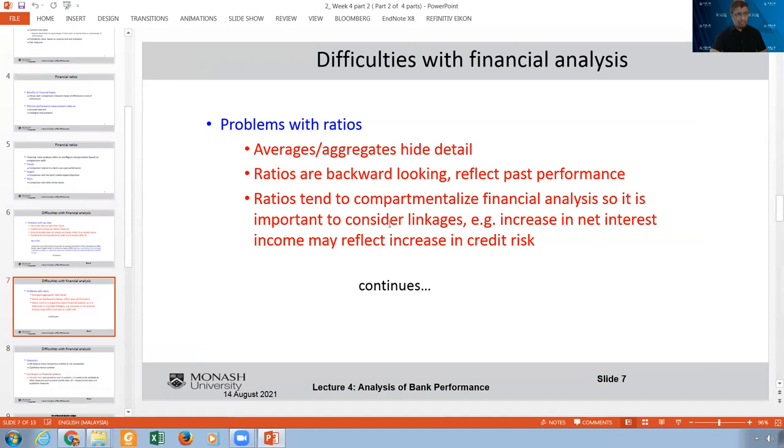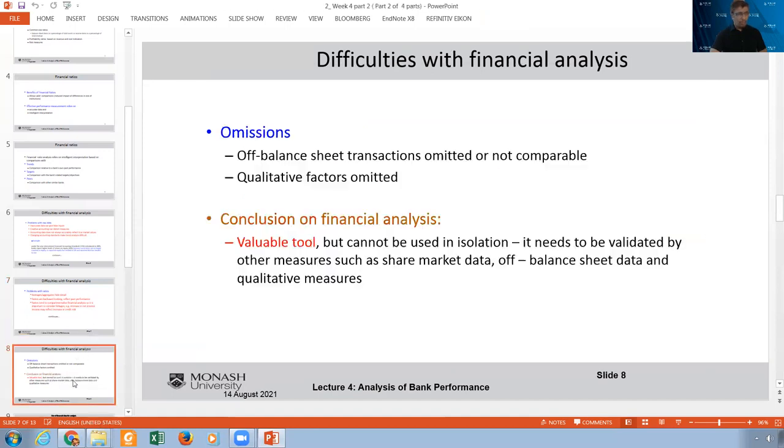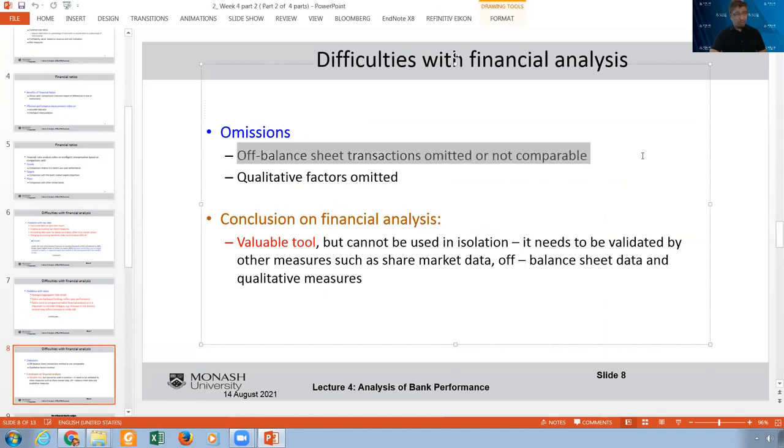So it's important in this case to look at the linkages. Okay, omissions. Of course, financial ratios only work with the figures that are in the income statement and the balance sheet. So our balance sheet is out of the picture. And also we have another omission, which is the qualitative, which I talked about before: the reputation of the bank, the quality of the products, the morale of the staff, all those issues, the corporate governance.